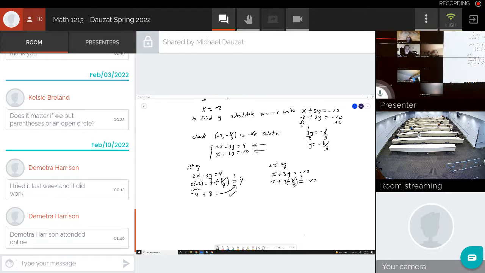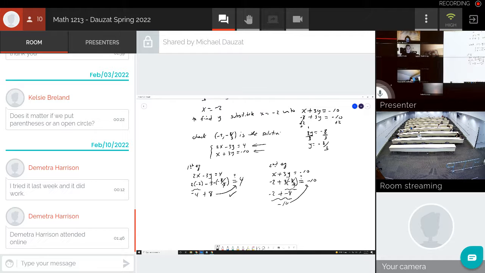Well, the 3's divide out, so I get negative 2 plus, and then what's 1 times a negative 8? What's this right here? And when you add them up, what do you get? Which is what you wanted, all right? So the point that satisfies both equations at the same time is negative 2, negative 8/3. So if you were to graph them, they would intersect at that point.